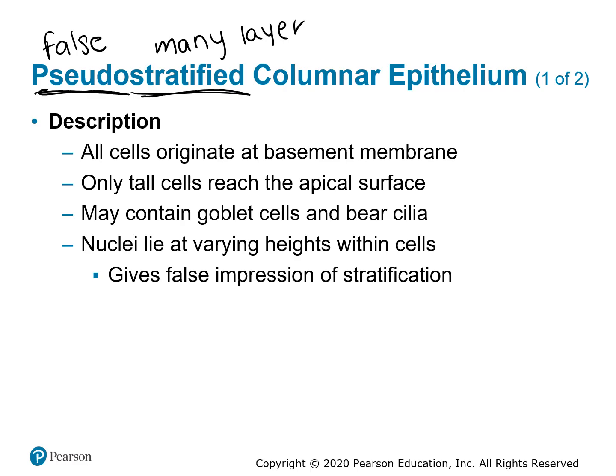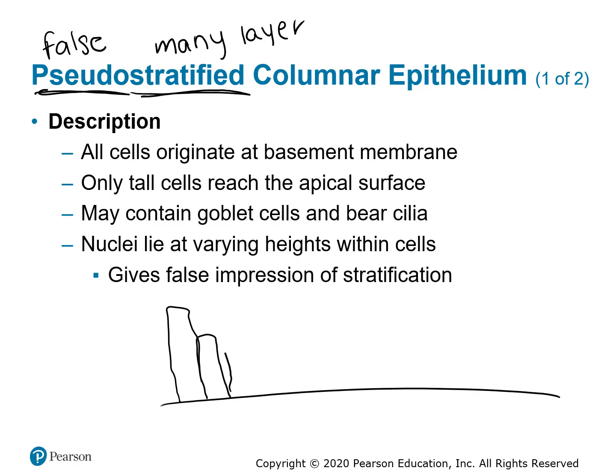They're fake. They're fakers. Anyways, so all of their cells will originate at the basement membrane, but not all of their cells are as tall as each other. So it may look like, sorry, this drawing is not very good. But again, you don't need to be an artist to be a biologist.